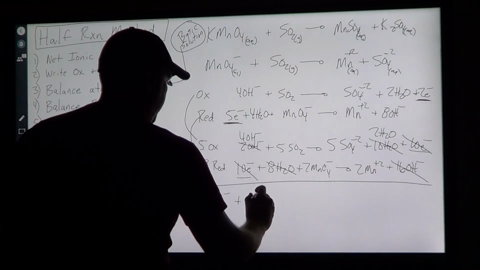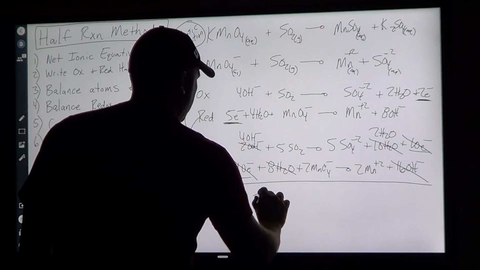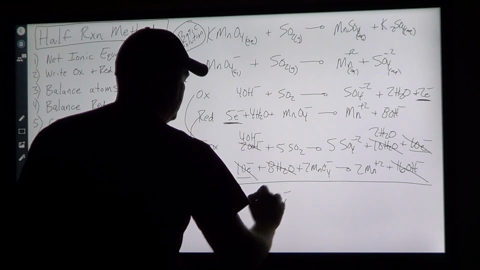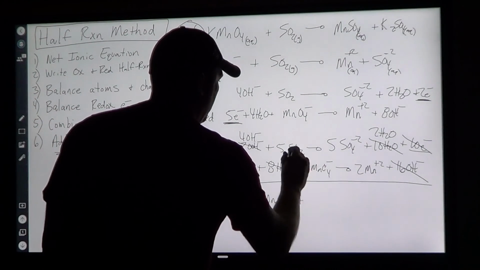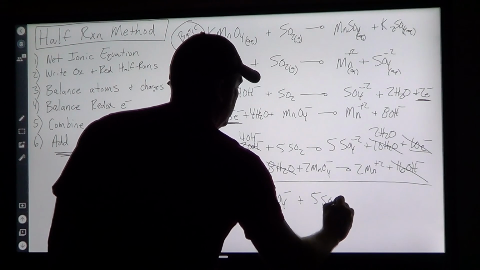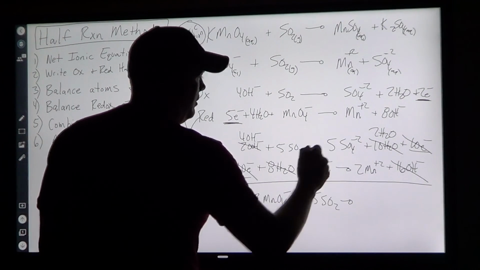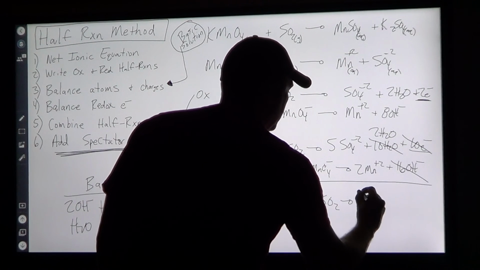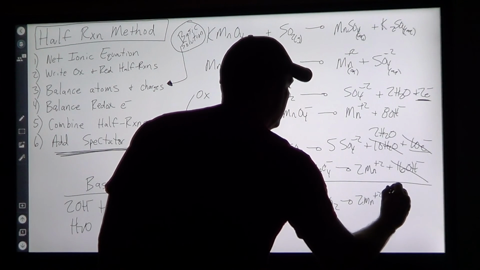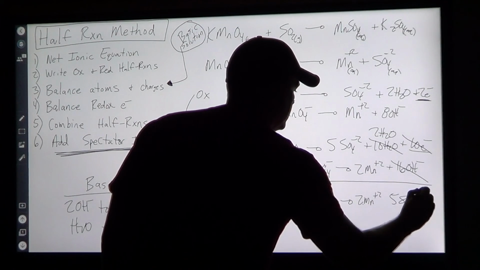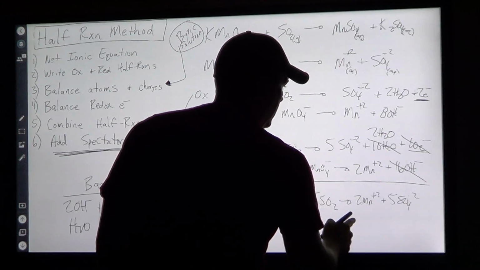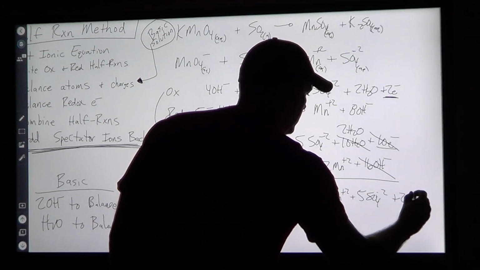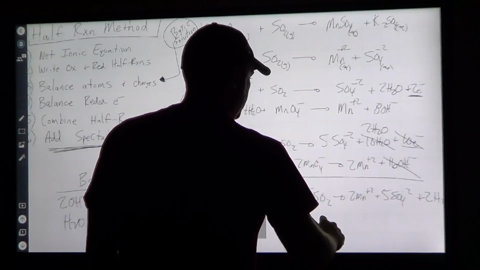We then have 2 MnO4 minuses. We have 5 SO2s. And over here we have 2 Mns, 5 SO4s, and still have 2 waters.